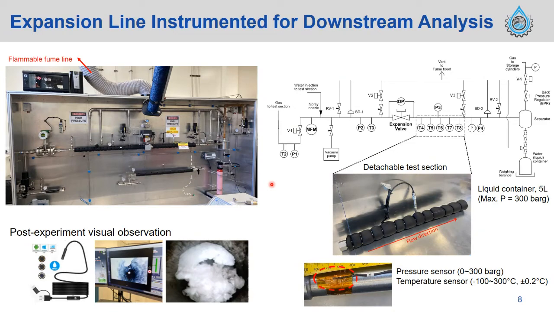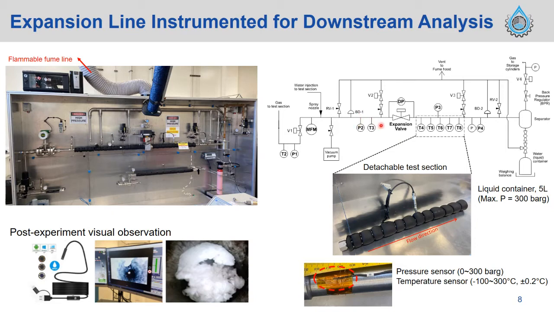Now this is the expansion section we are most interested in. In this case, we have the feed gas valve here. At the same time, we have the spray nozzle, an optimized nozzle to make the water injection. And it goes to the upstream section, which has a pressure and temperature sensor as well.